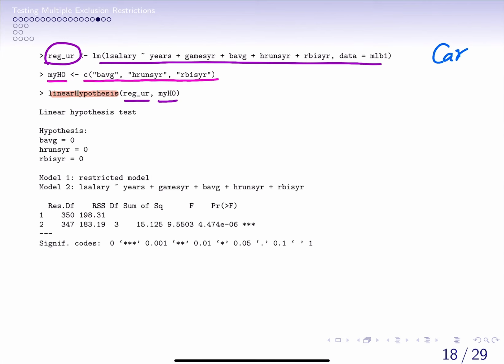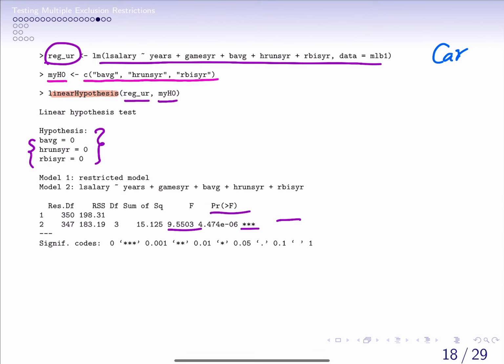Notice here, when you look at the output, it says this is what we are testing: that the performance metrics are jointly 0. And here we can see that our F statistic is 9.55, and the p-value is telling us that this is significant, right?